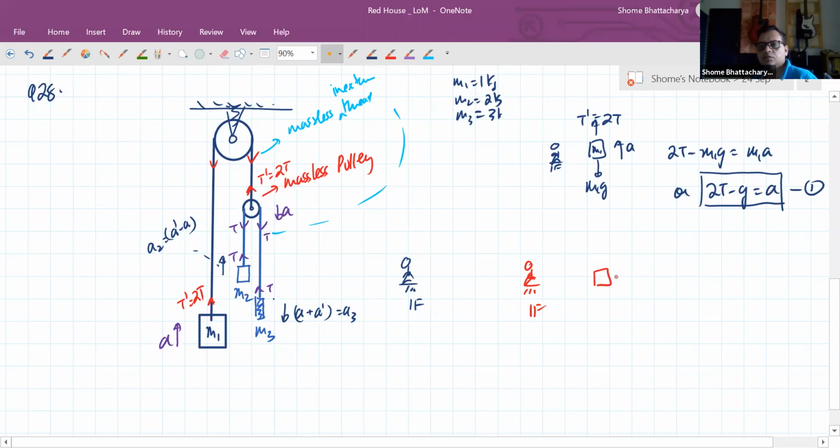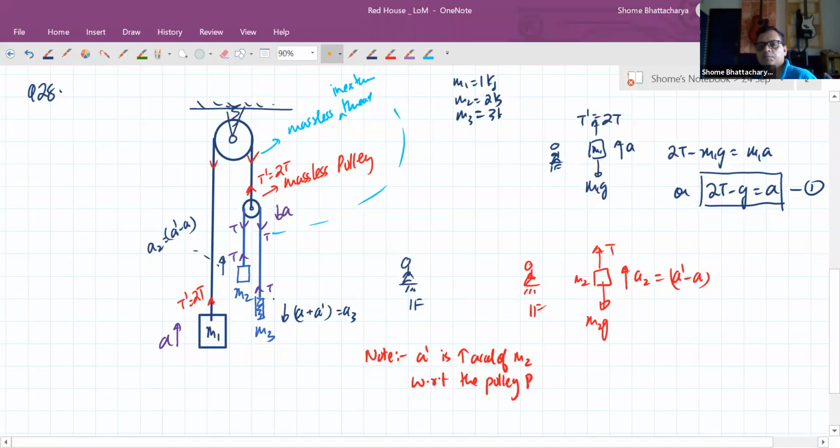If I make M2's FBD in inertial frame, I don't need to include any pseudo force, but I need to understand that its upward acceleration A2 is going to be A prime minus A, where A prime is the upward acceleration of M2 with respect to the pulley P, this massless pulley, or it is the downward acceleration of M3, but again with respect to the pulley P, not with respect to ground frame. So that is why in ground frame this one's acceleration is becoming like this.